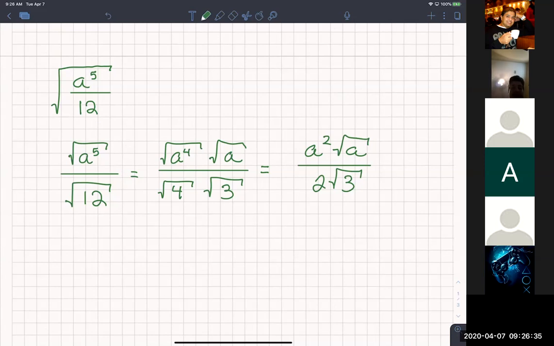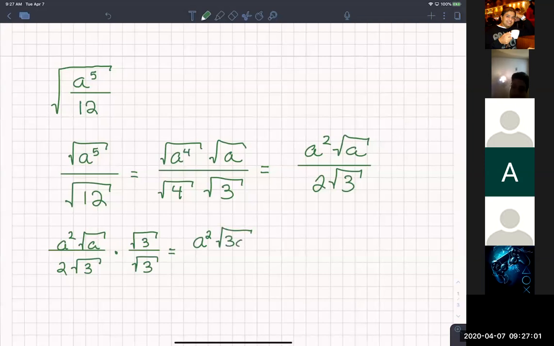No, you don't square it. Remember when we have a square root in the denominator, we multiply both the numerator and denominator by that square root.